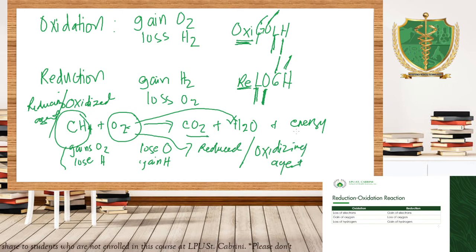agent. Okay, I will not go deeper in the explanation of redox reactions because it will be discussed thoroughly in analytical chemistry. I'll just give you an overview of what a redox reaction is.